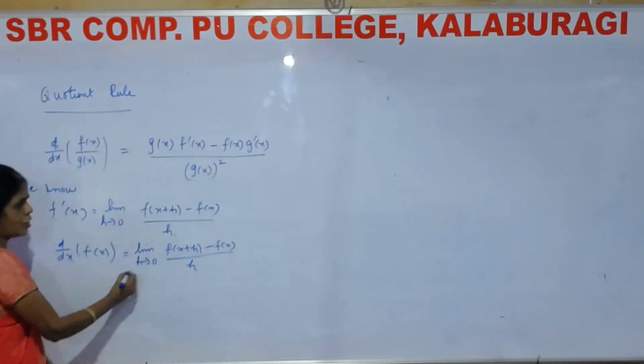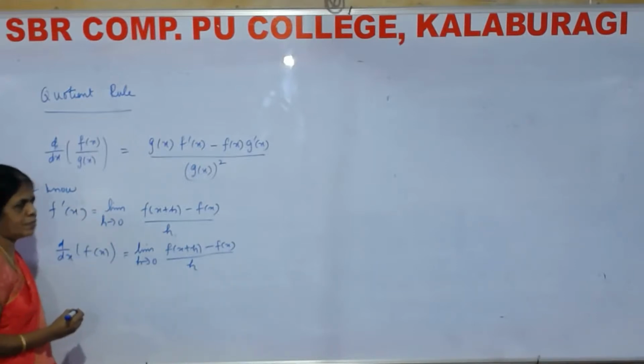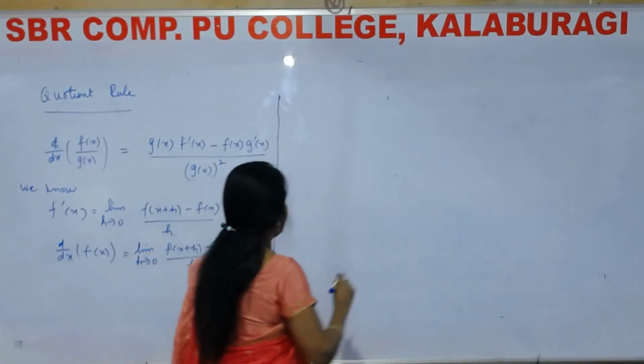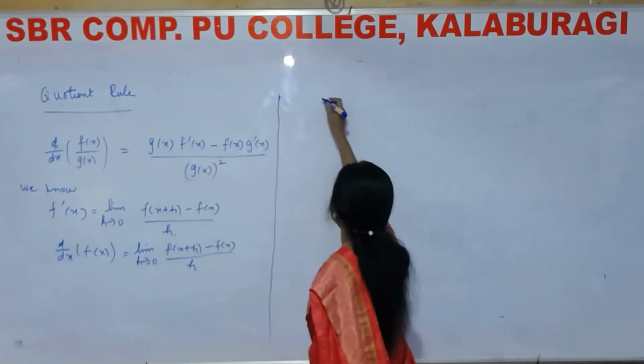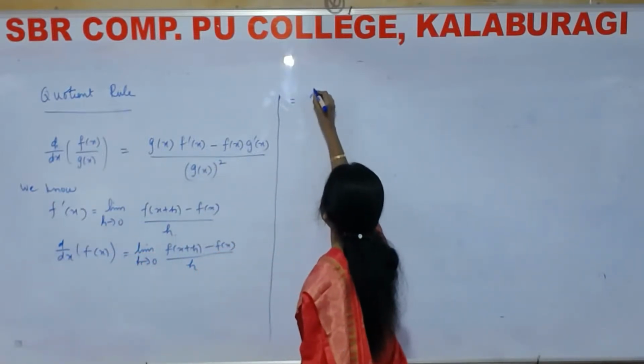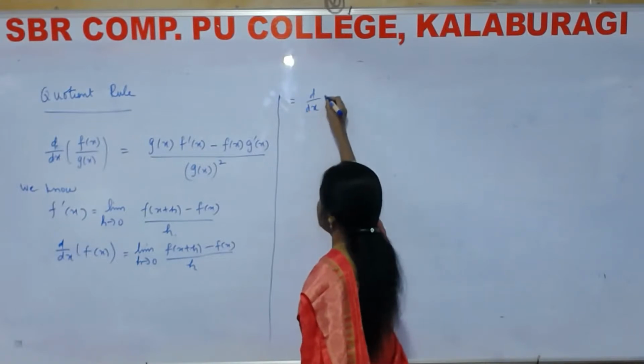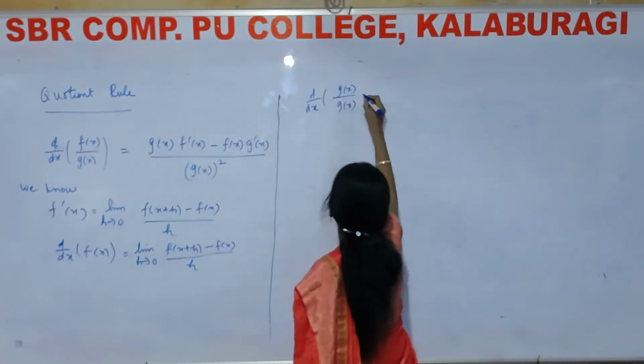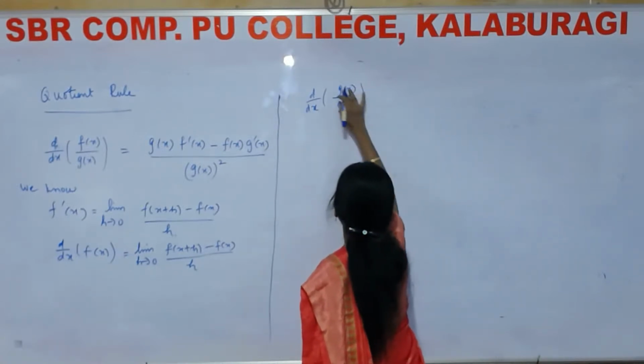So by using this only we are going to write. Slowly we will do. Now d by dx of f of x by g of x.